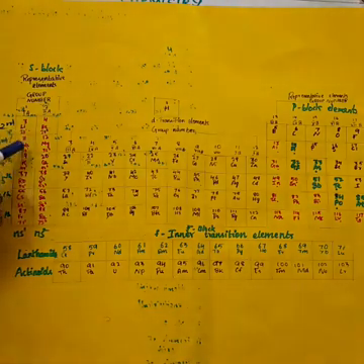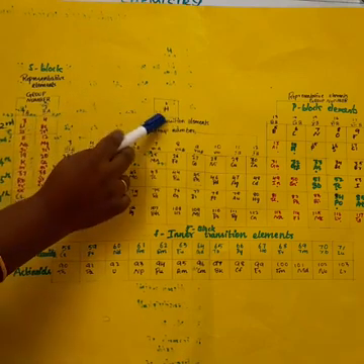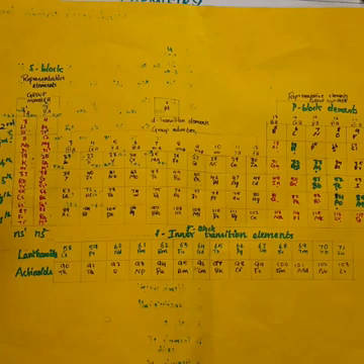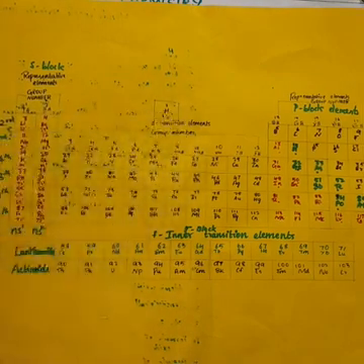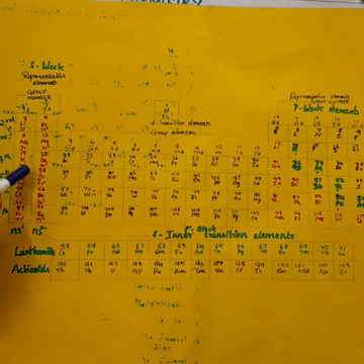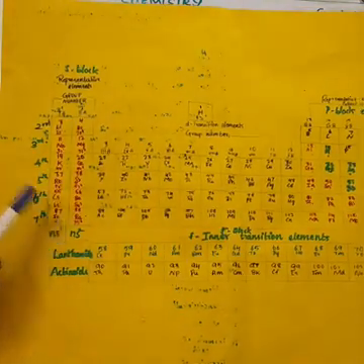For example, the first period starts from 1s1, the second period from 2s1, the third period from 3s1, the fourth period from 4s1, the fifth period from 5s1, the sixth period from 6s1, and the seventh period from 7s1.